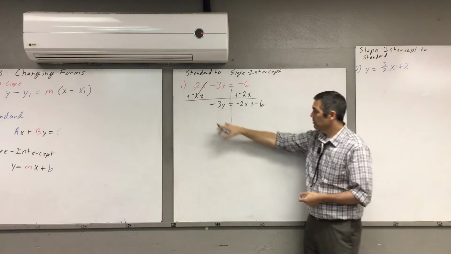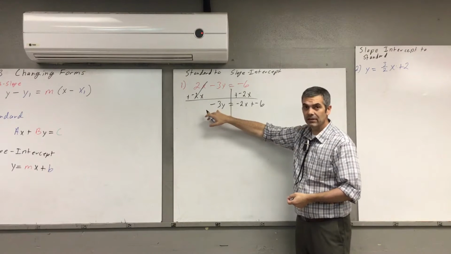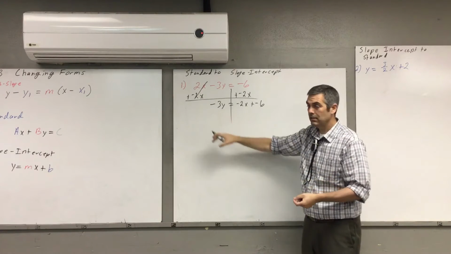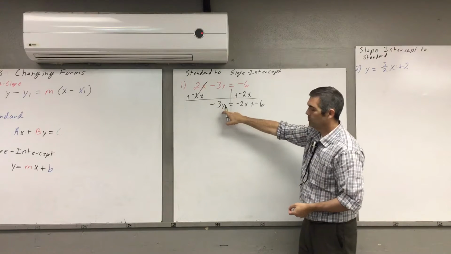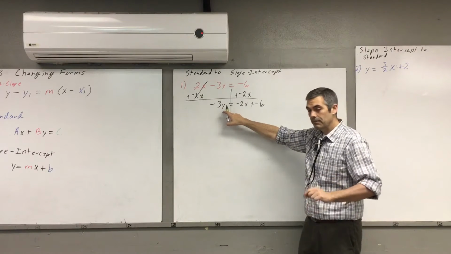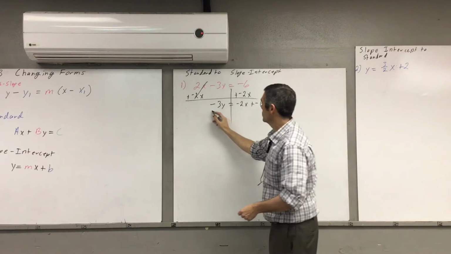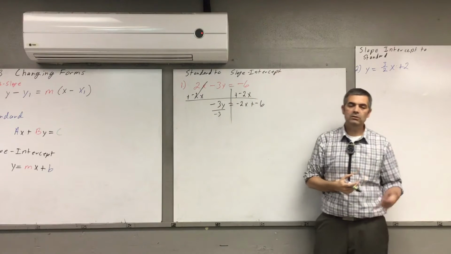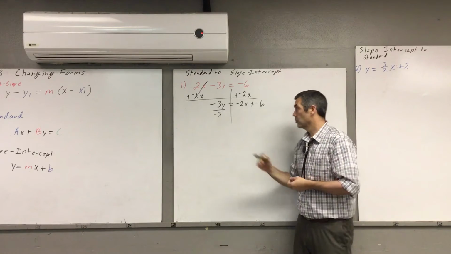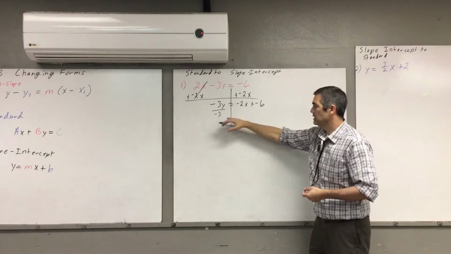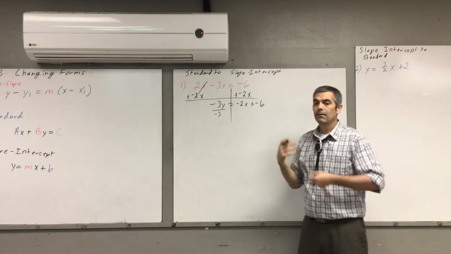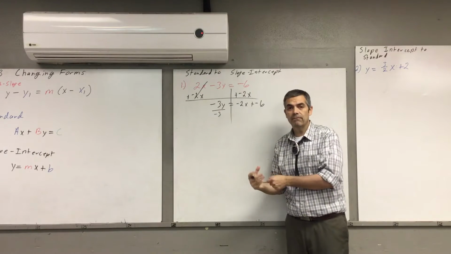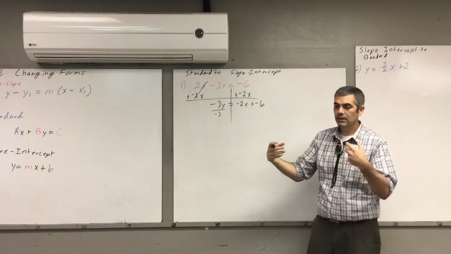Now, all I've got to do is get rid of this negative 3, and I'll have my y by itself. This negative 3 is getting multiplied times y. The opposite of that is division, so I'm going to divide by negative 3. Now, there's two ways of showing this division on this other side. You could draw a line under all of it and put the negative 3 underneath, but we want it in slope intercept form, so we're going to separate that out.